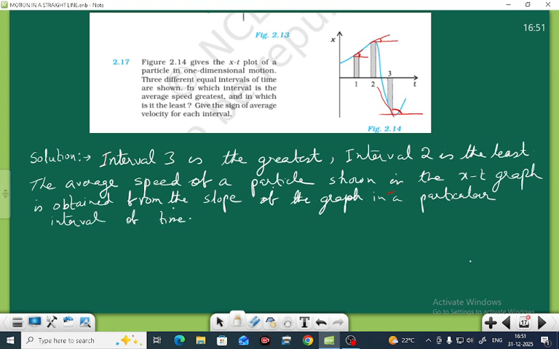And here you can see that the maximum slope is at interval 3 and minimum is at 2, right?